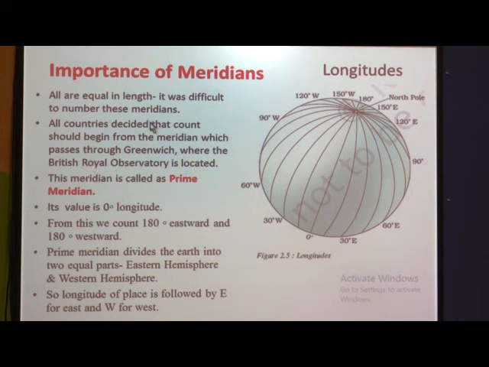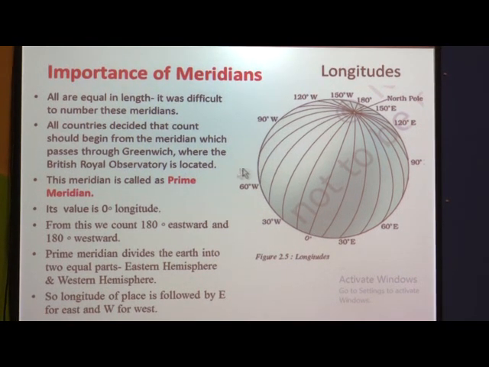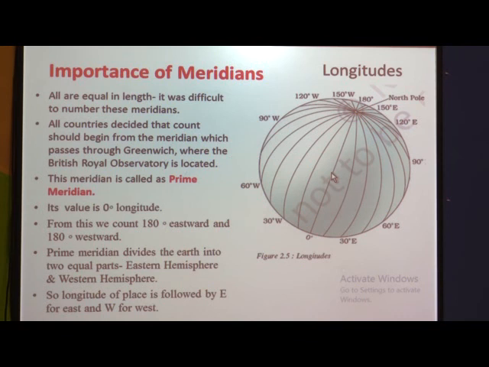Greenwich, children, is a town in London, where the British Royal Observatory is located. This line passes through Greenwich.